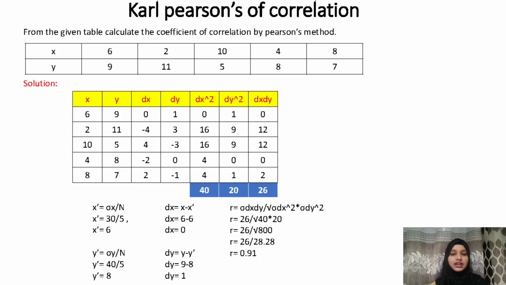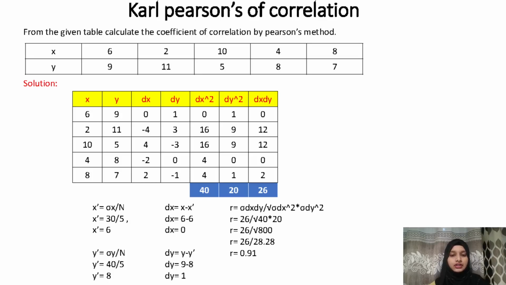First, dx square: 0 plus 16 plus 16 plus 4 plus 4 is equal to 40. Then we add the dy square, same process: 1 plus 9 plus 9 plus 0 plus 1 is equal to 20.